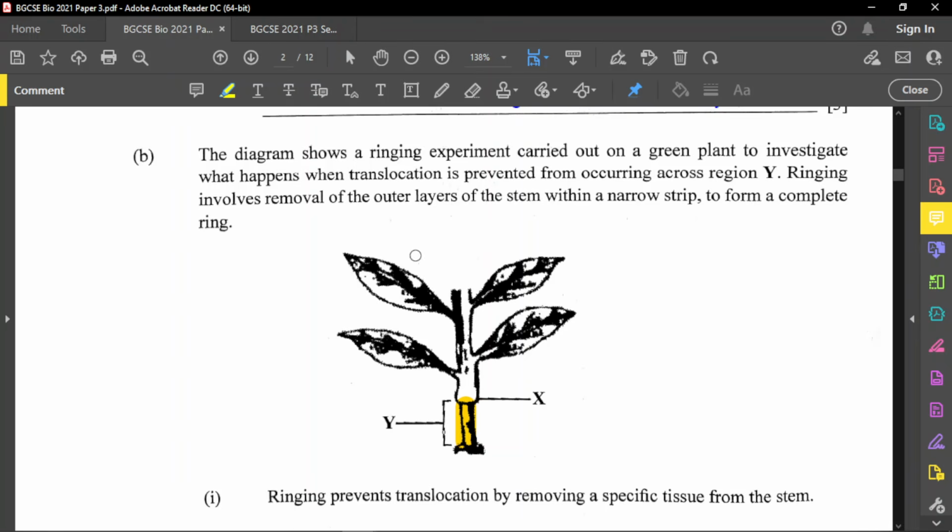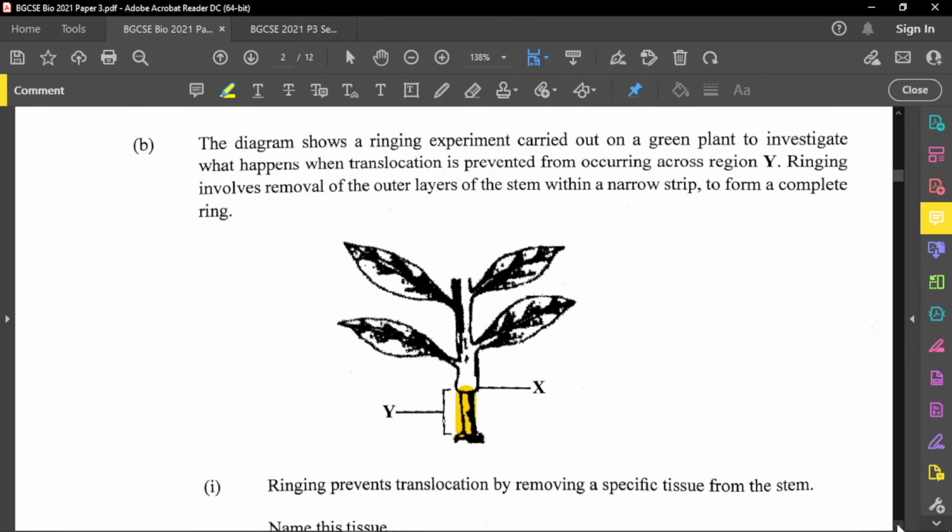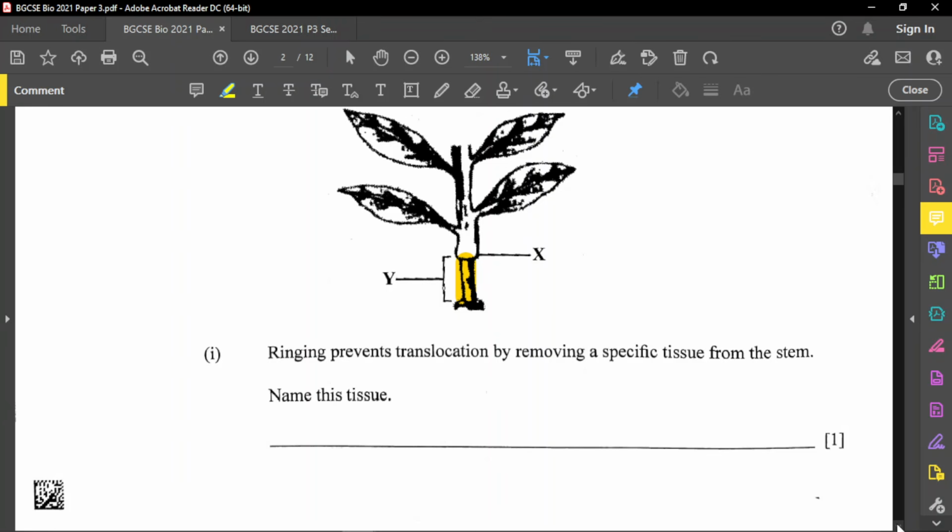And so let's see what they ask us about this. Y is the removed portion, X is the upper part. I will talk about something specific to that location, but let's see what this asks first. It said, ringing prevents translocation by removing a specific tissue from the stem. Name that tissue.